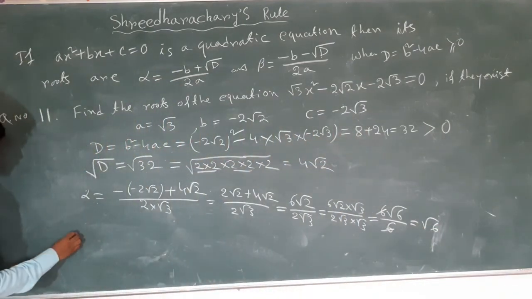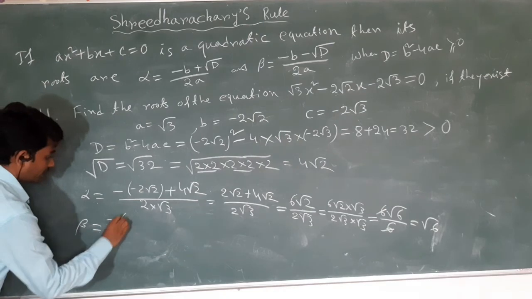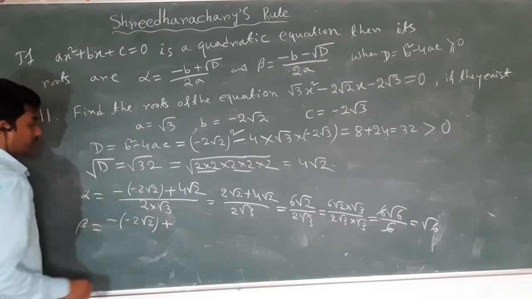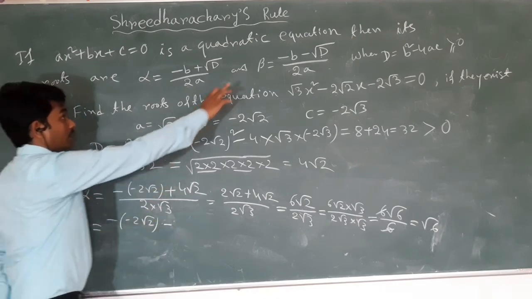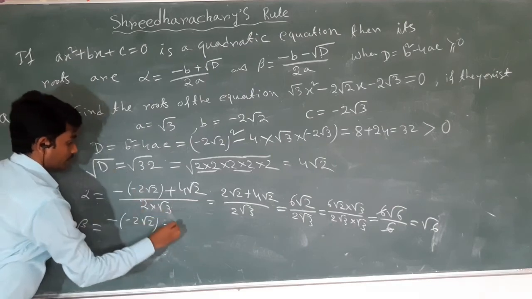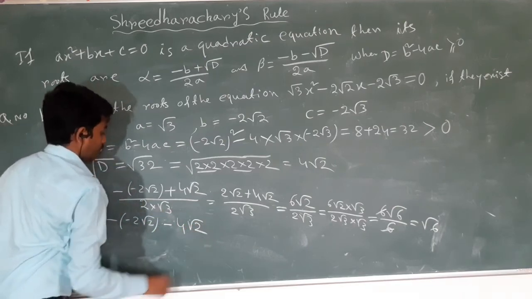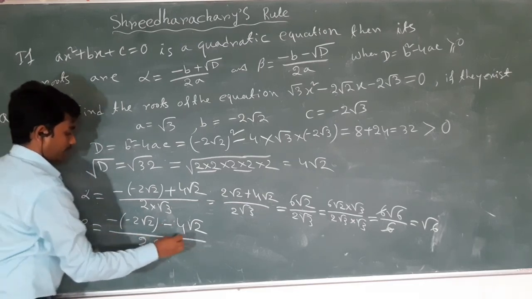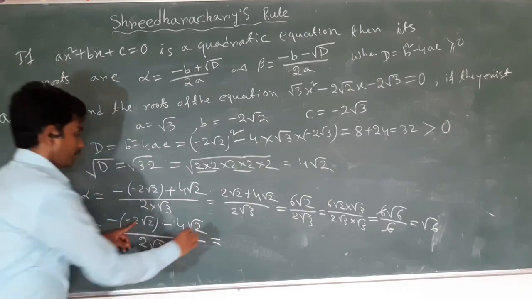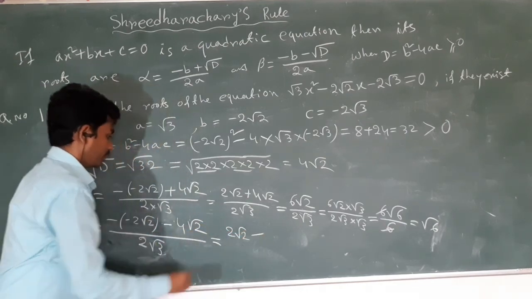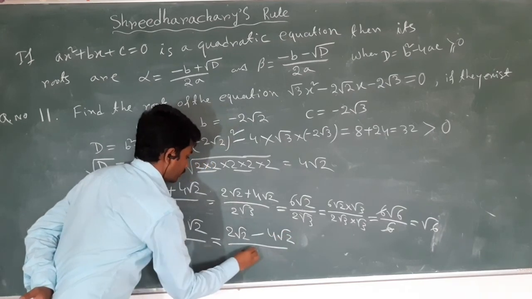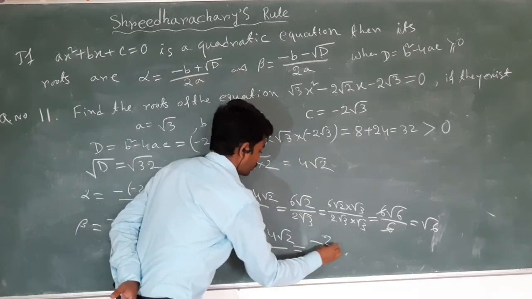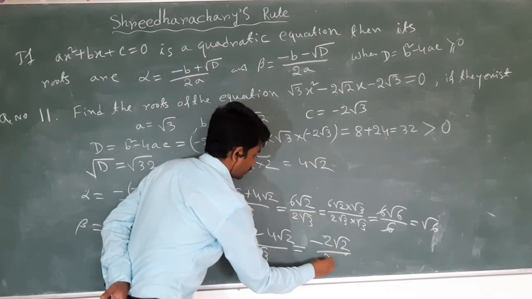And another root beta is equal to minus b minus 4 root 2 upon 2 into a, is equal to 2 root 2 minus 4 root 2 upon 2 root 3, is equal to minus 2 root 2 upon 2 root 3.